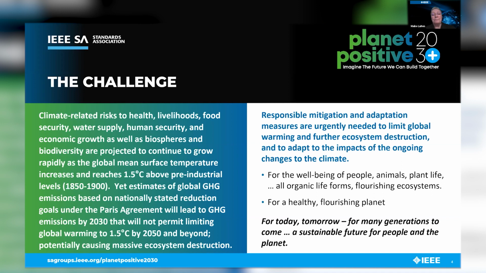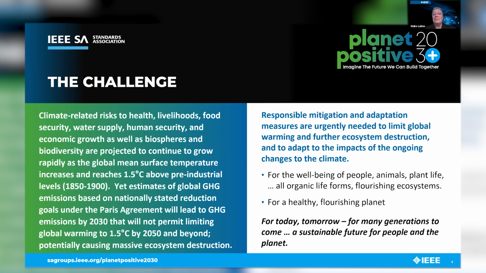We are staring in the face of potential climate disasters and massive ecosystem destruction if we cannot curb the temperature rise at 1.5 C above pre-industrial levels, and we may not reach it. More importantly, we cannot stay at 1.5 C above pre-industrial levels. We actually have to reduce the GHG emissions in the atmosphere that we currently have, ultimately to get back as near as possible to pre-industrial conditions.